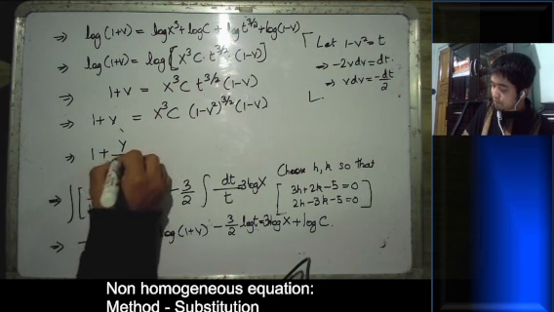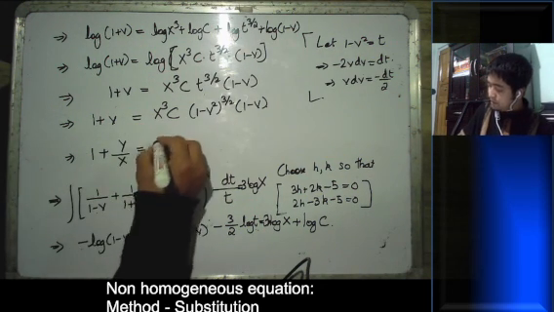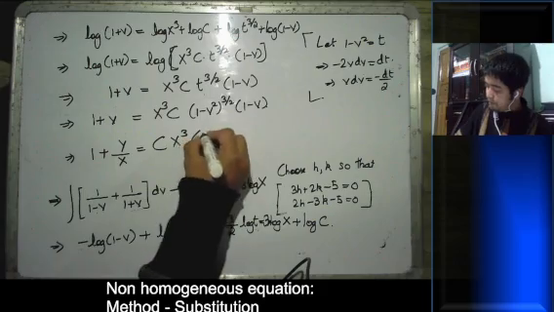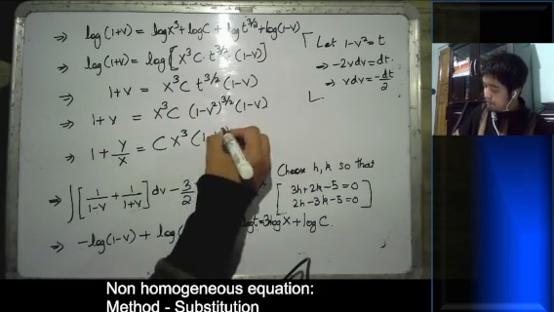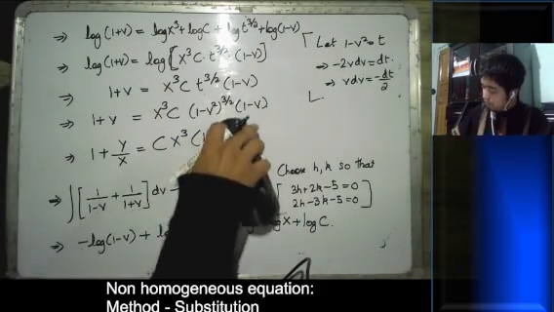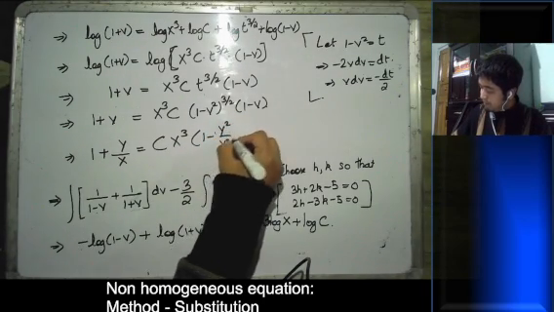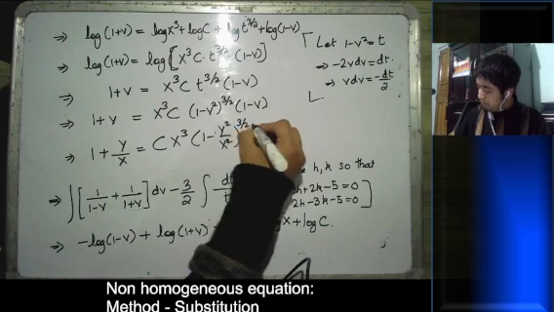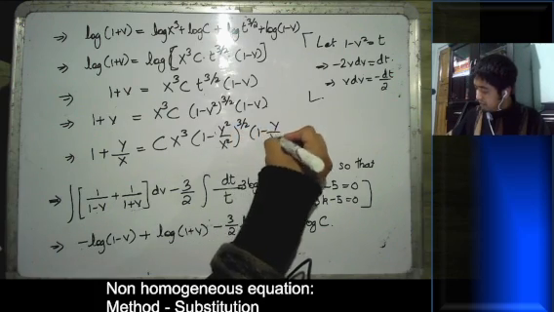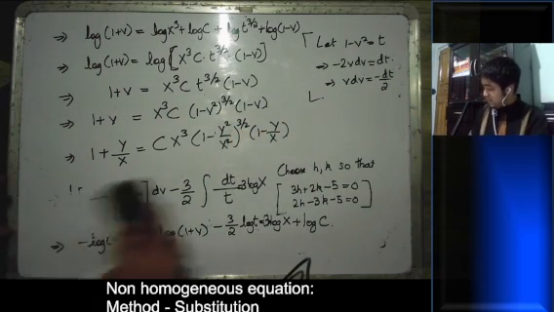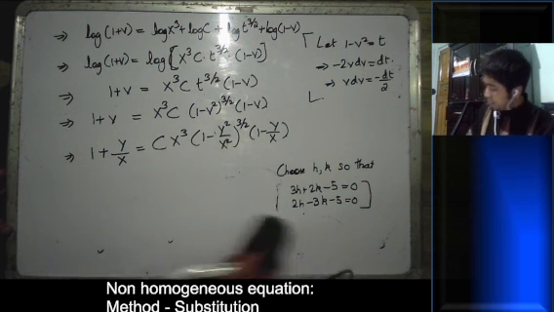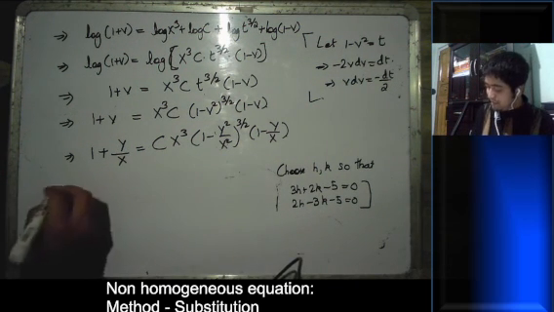Now this one becomes y by x, c x cube, 1 minus v square. Again v is y by x, y square by x square, power 3 by 2, 1 minus y by x. So this is a really long problem, which involves a lot of substitution.